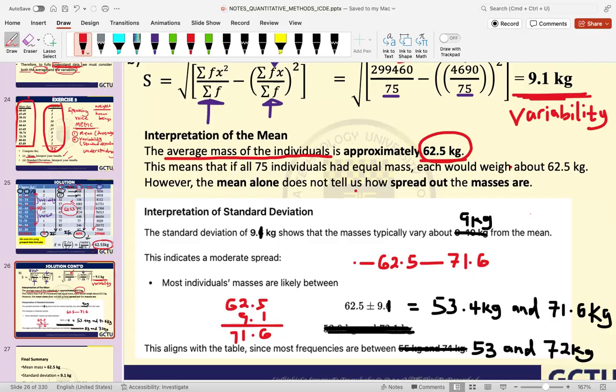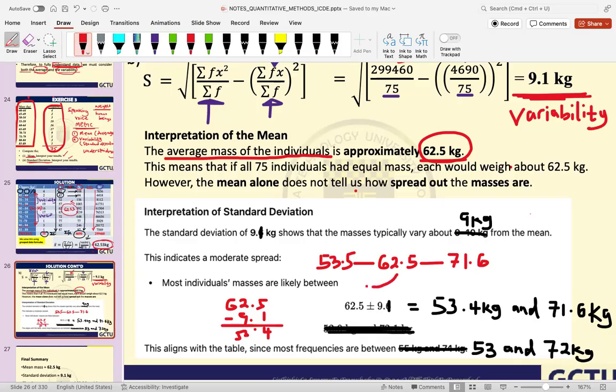If I come to the left, it means I should subtract. So when I subtract 9.1 from 62.5, this is what I'll get. I have 4, I have 3, I have 5. I'll get 53.5.